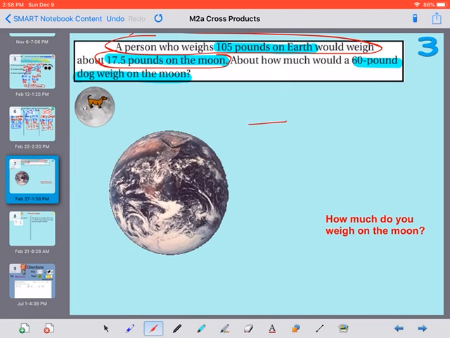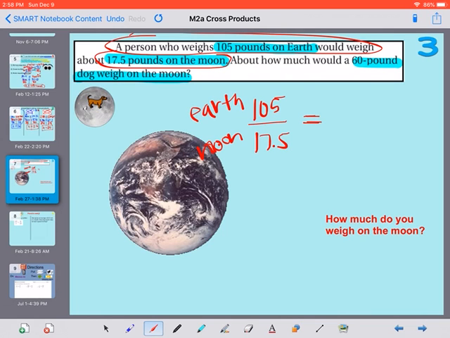So my ratio is going to be the weight on Earth to the weight on the moon. On Earth, the person weighs 105 pounds, but on the moon, they only weigh 17.5. That information they told us in one sentence usually goes together to write one ratio.